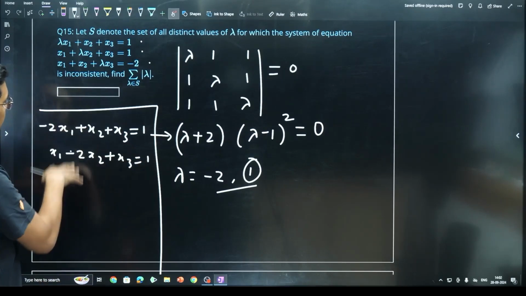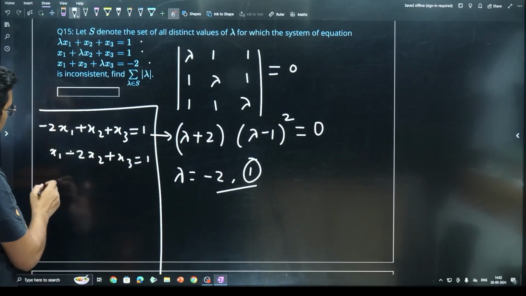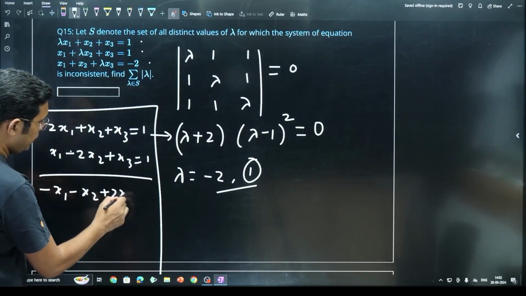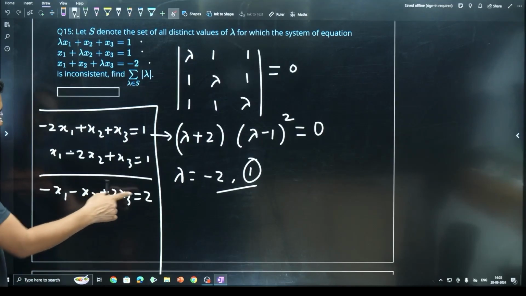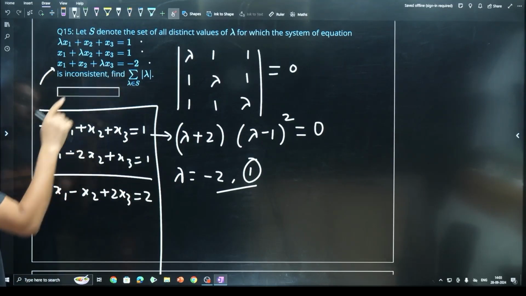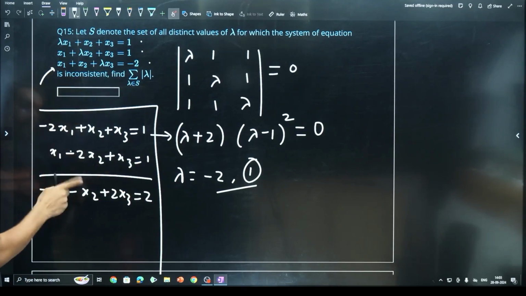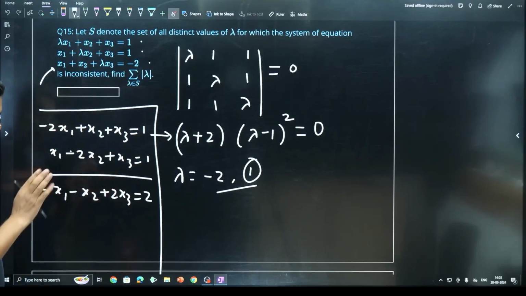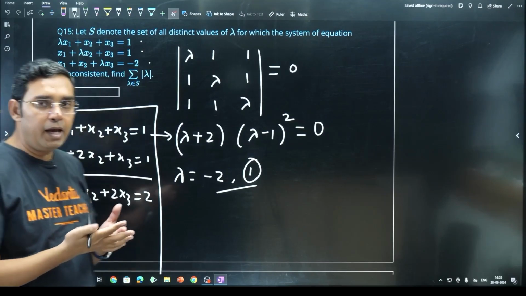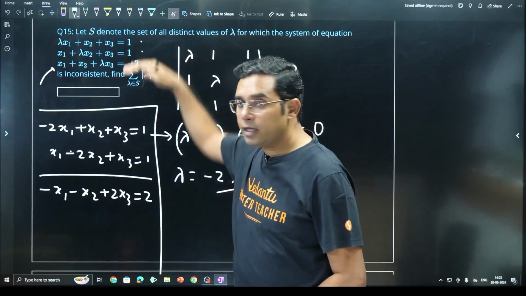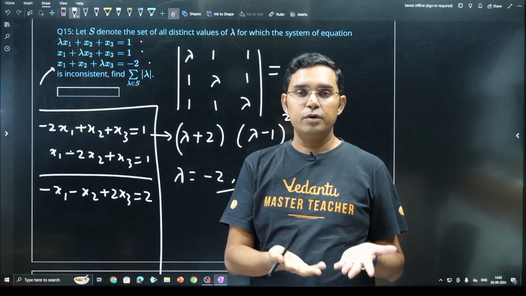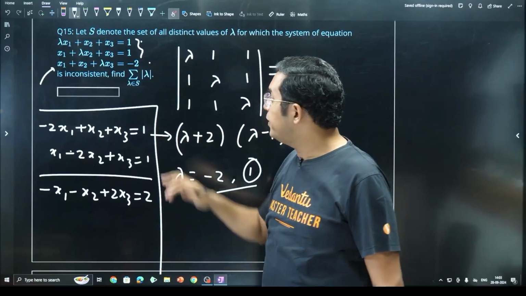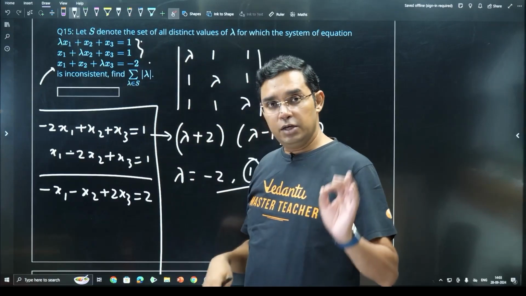Now if I add these two, what we will be getting is minus x1 minus x2 plus 2x3 is equal to 2. You can check, this is nothing but the third equation with multiplication of -1. Minus x1 minus x2 plus 2x3 equal to -2 there, here we are having 2. So this equation is the same. That means these three planes are actually part of the same family of planes, passing through the intersection line of the two planes. So that's how you can also say they will be having infinite solutions.